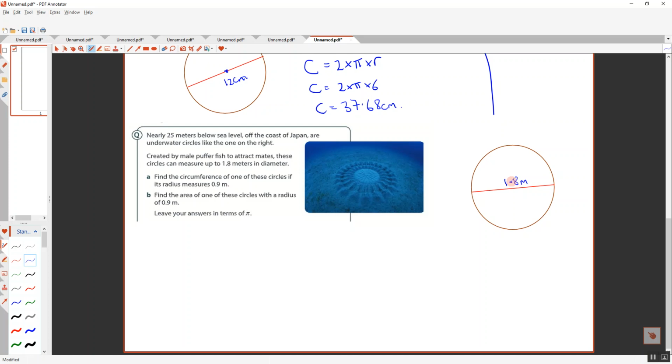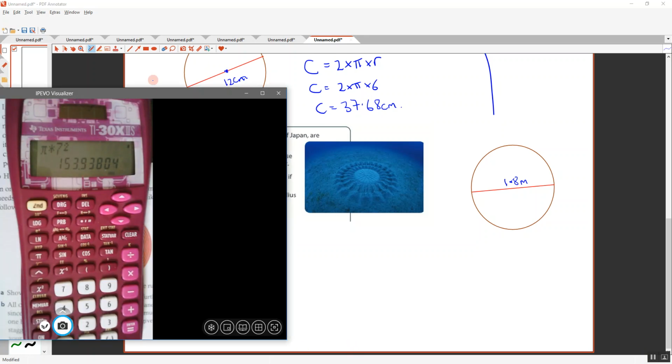Find the circumference of one of these circles if its radius measures 0.9. So we're given the radius, and we know our formula is C equals 2 times pi times r. So 2 times pi, and we're told the radius is 0.9.